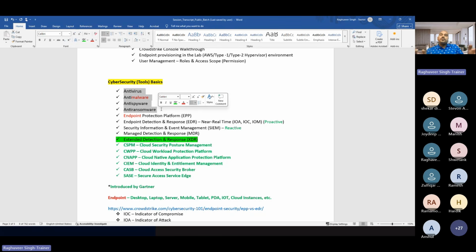So we should have a capability that will combine all these security solutions into one, and that's where XDR was introduced. When Gartner said something, the impact was global. All security service providers combined their security solutions into one bucket or one umbrella, and started rebranding and selling them as XDR solutions.